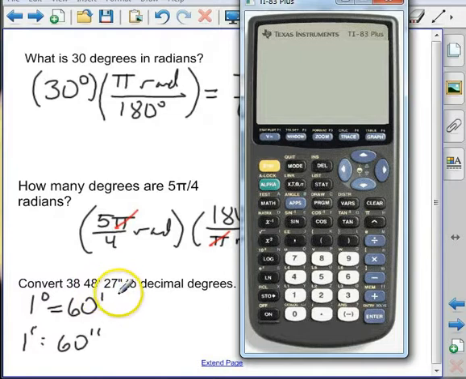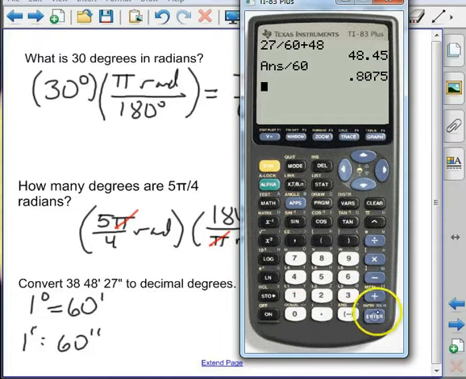That's a fraction of the minutes. It's actually 27/60ths of a minute. I'm going to add that to the minutes I already have, in this case 48, and that's how many minutes. Then I'm going to divide the minutes by 60 to convert them to degrees and add them to how many degrees we have, in this case 38.